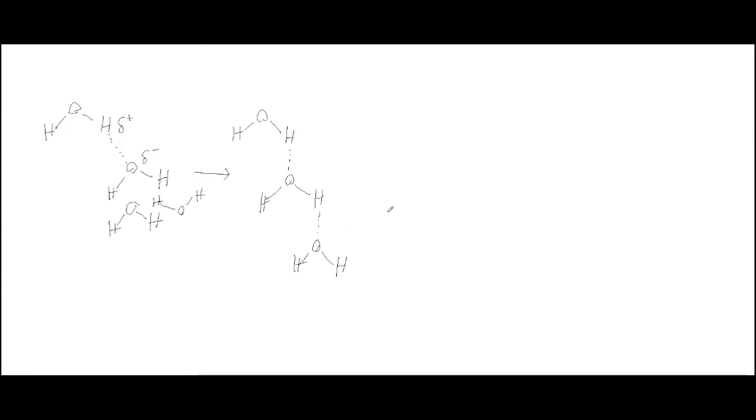So another interesting thing about water that we need to take into consideration is that it undergoes what's called autoionization. So we have these two water molecules, there's this hydrogen bond between them. Well, sometimes this hydrogen bond becomes a real bond, and then this real bond goes away.